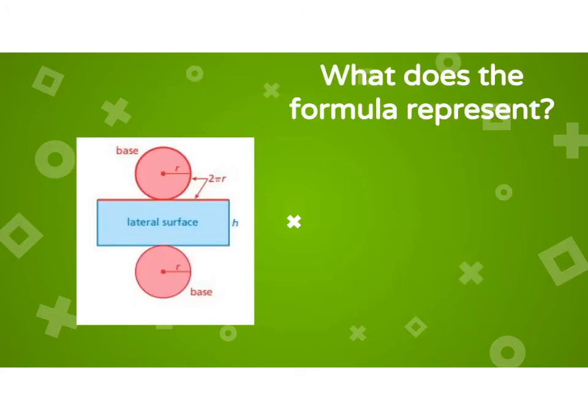So what does the formula represent? This is the biggest part of understanding how the surface area of a cylinder works. So like I told you before, this is what should be around the circumference of the circle. So that's where that 2 pi r comes from.